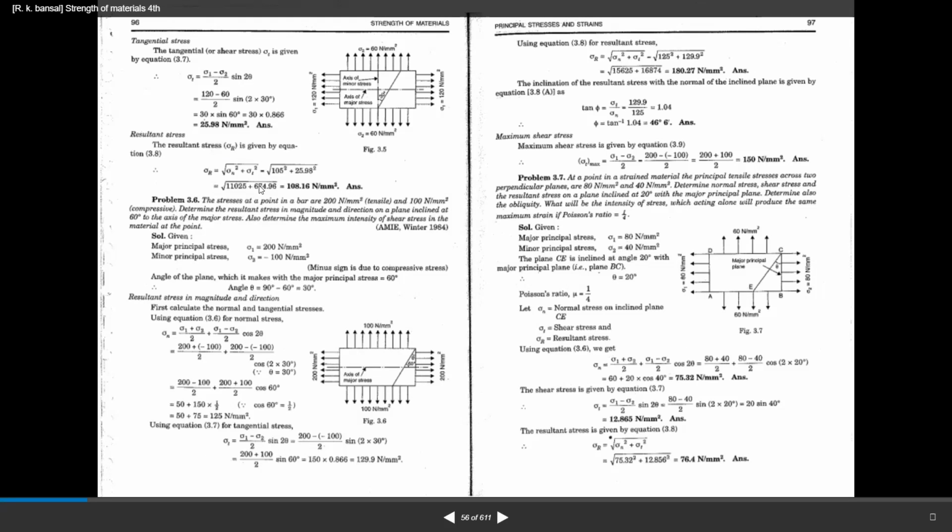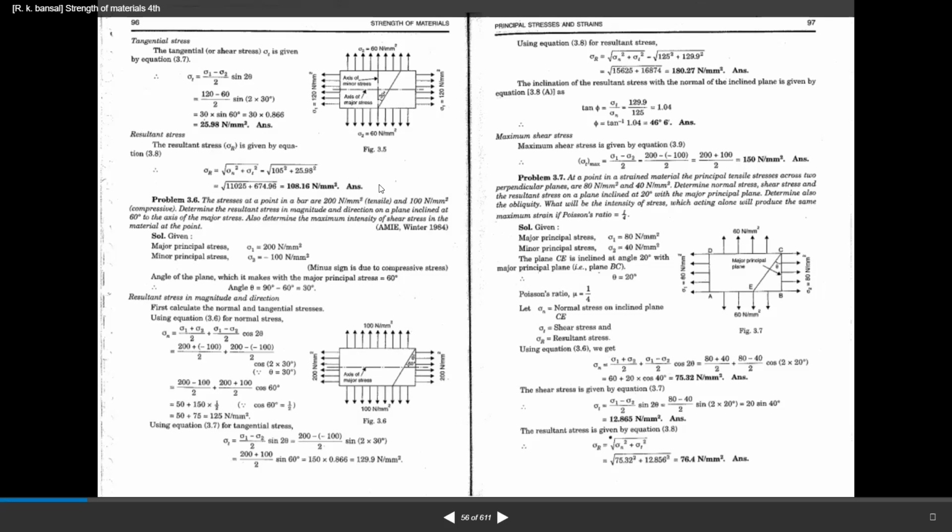Finally, sigma r, r meaning resultant stress, equal to 108.16 Newton per mm square. This is the procedure for calculating the normal stresses, tangential stresses, and resultant stresses.